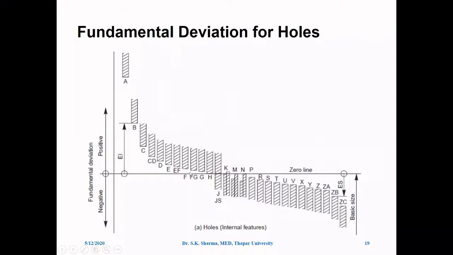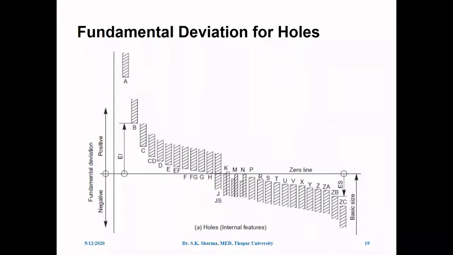As you move from H towards this side, the fundamental deviation is getting higher and higher. So when you move from H to A, the fundamental deviation increases in the positive direction. And from H, if you go towards Z, the fundamental deviation again increases, but it increases in the negative direction, right? And at H, the fundamental deviation is just 0, right?